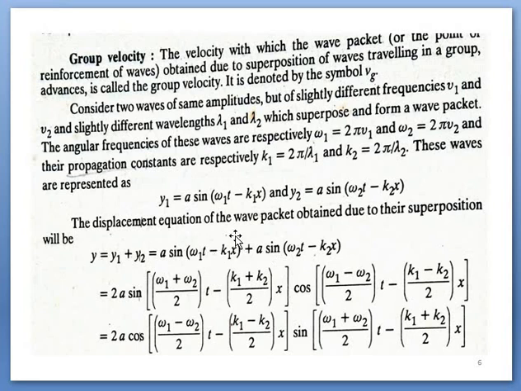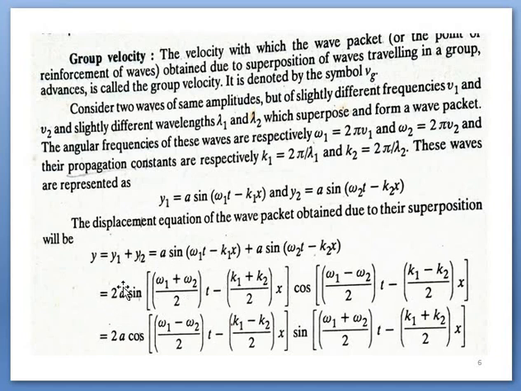If this phase is considered as capital A and this one as capital B, then taking small a outside, we have sine A plus sine B. So sine A plus sine B equals 2 sine((A plus B) by 2) multiplied by cos((A minus B) by 2). Here the same equation is applied.